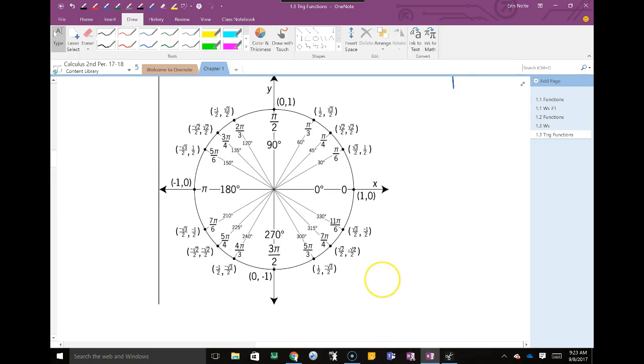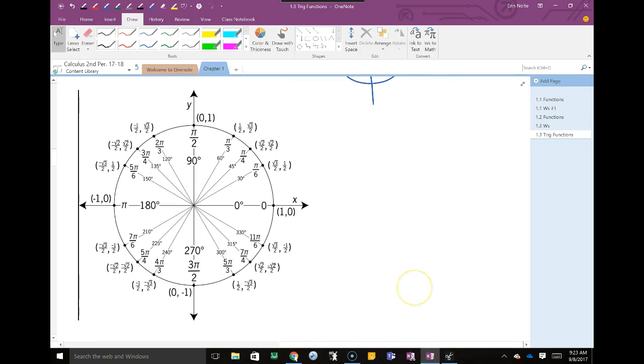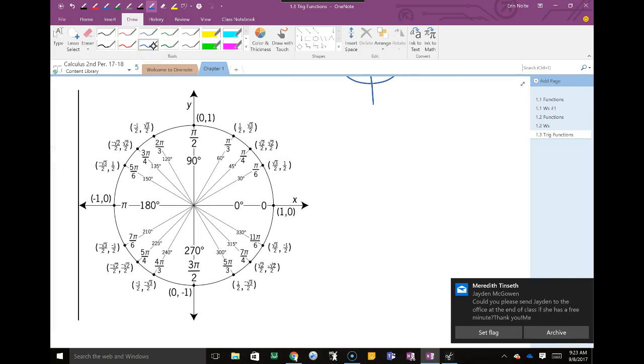Woo! There we go. How's that look? Nice. Everybody got a unit circle in front of them? All right, here we go. Let's do a couple of examples of finding the exact value.